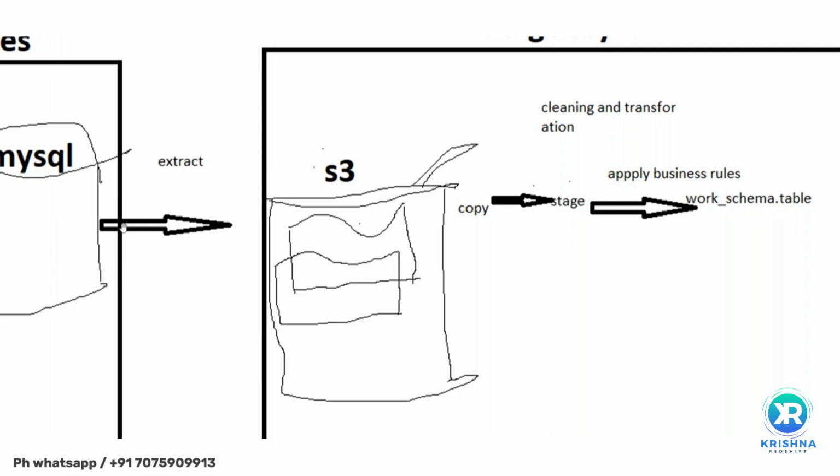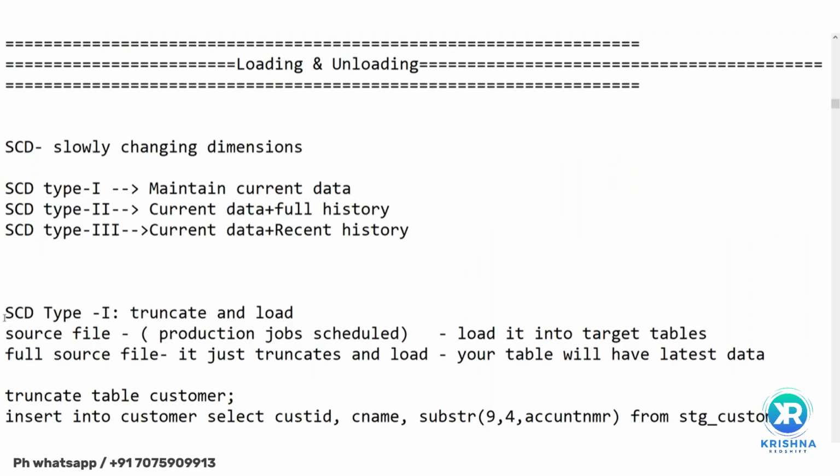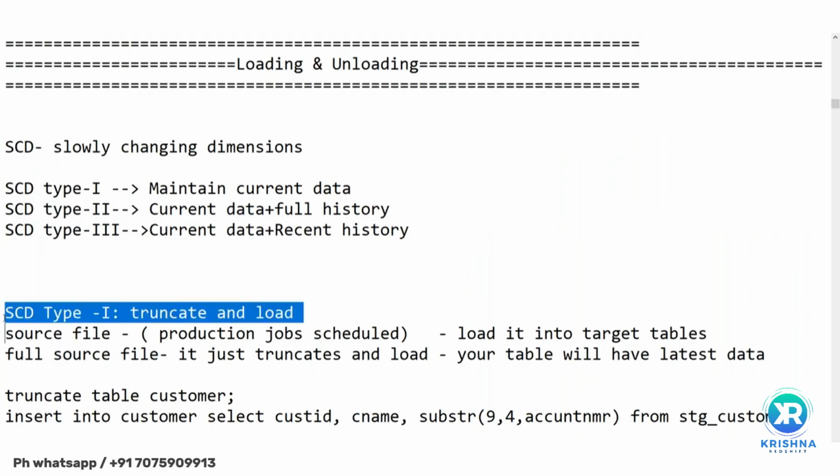If the data is very less, they will go ahead with full extract. Full extract means all the data will be pulled every day. Incremental extract means only that particular day's data will be pulled every day. So if all the data is pulled every day, they just delete the existing data and load it. That is truncate and load.